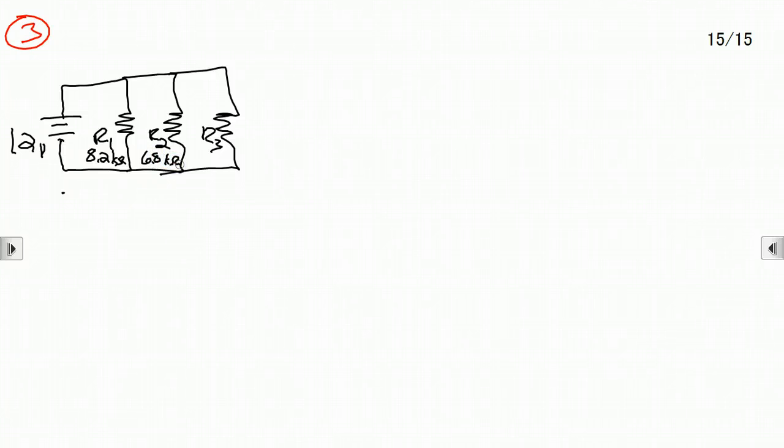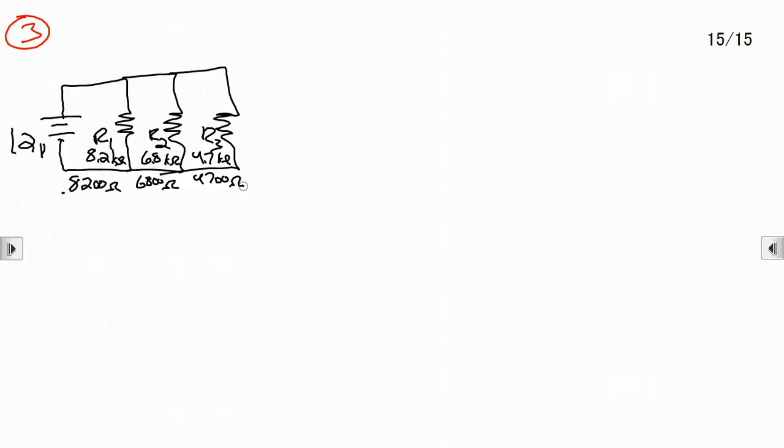And the last one is 4.7 kilo ohms. Those are kilo ohms, so that's really 8,200 ohms, 6,800 ohms, and 4,700 ohms. So when you start calculating, make sure you're aware of that and notice that.